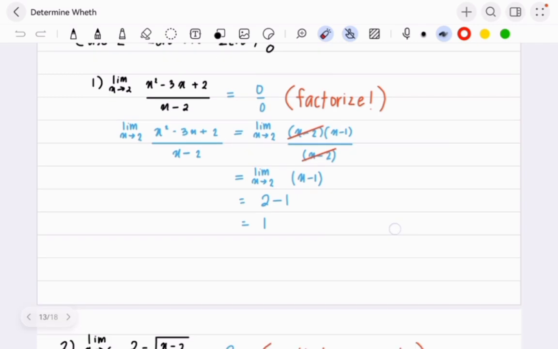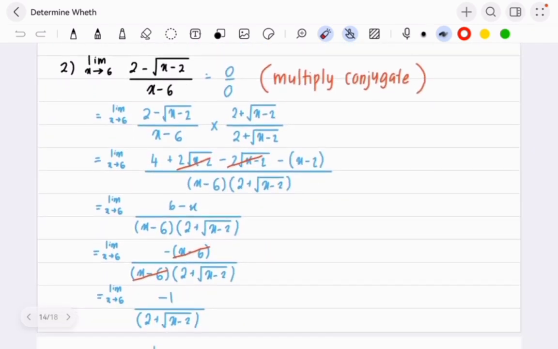Let's see, the next subcase is multiply conjugate. In this case, you will see a square root. When you substitute 6 into the equation, you will get 0 over 0. So when you see a square root, you will multiply by the conjugate. So limit x approaching 6 of (2 minus square root of x minus 2) over (x minus 6), times the conjugate (2 plus square root of x minus 2) over (2 plus square root of x minus 2).